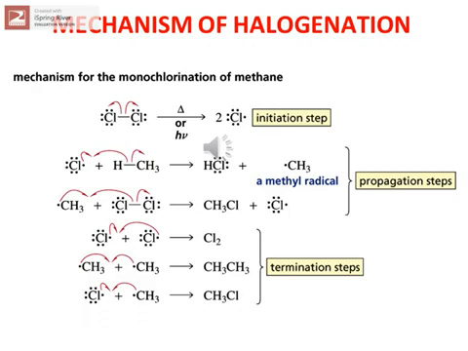This methyl radical will then attack another chlorine molecule, forming methyl chloride and a chlorine radical. This is another propagation step. A second propagation step is possible. In this step, a methyl free radical reacts with a chlorine molecule to form chloromethane, and a chlorine free radical is again generated.